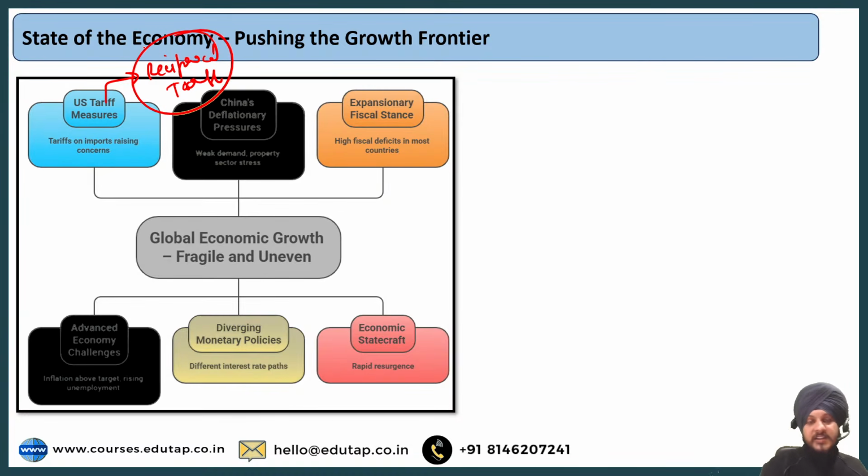Now what the economic survey says is very interesting when it comes to global economic growth. Please remember, we are talking about the global economy. We are done with the domestic trend, right? So we are talking about the global perspective.